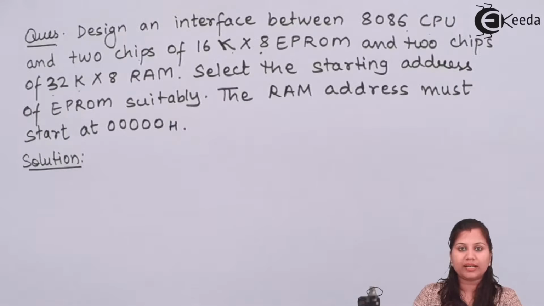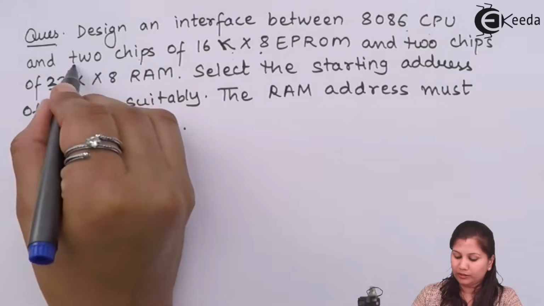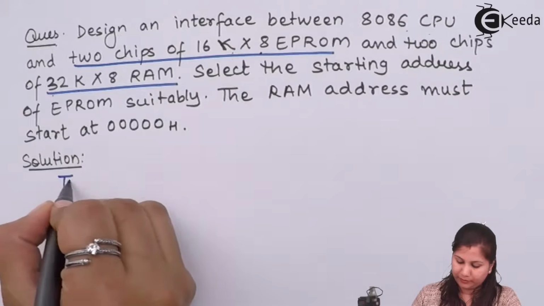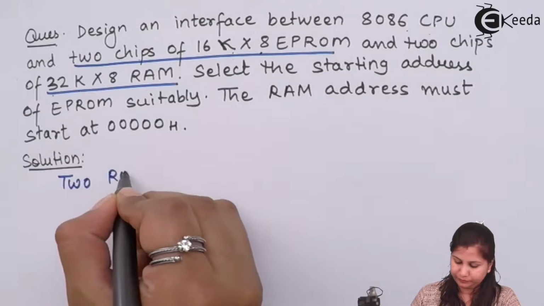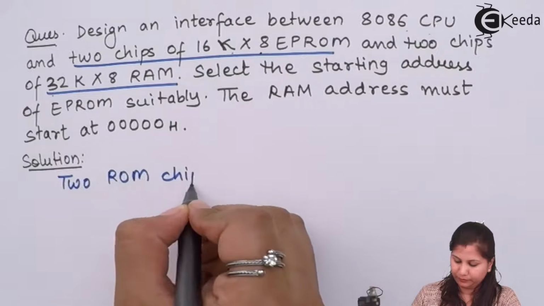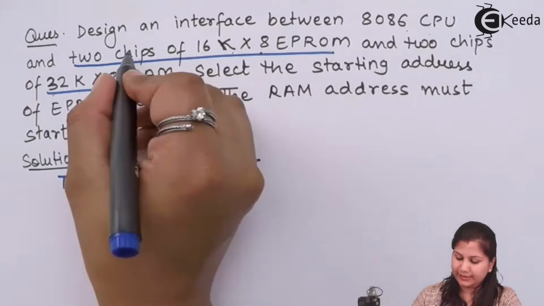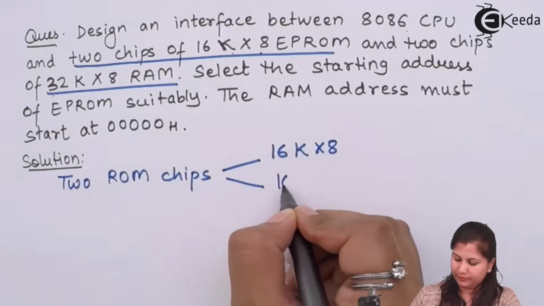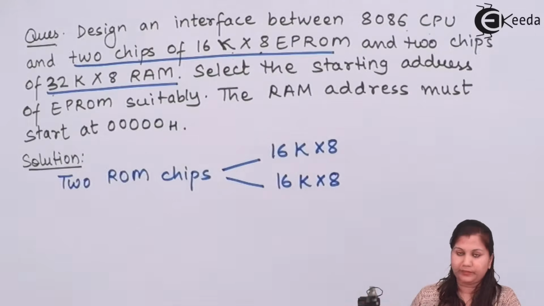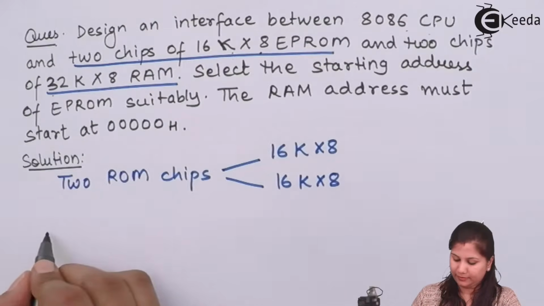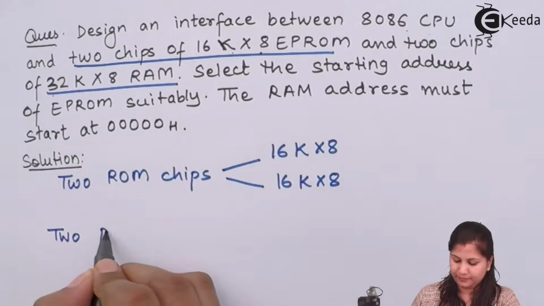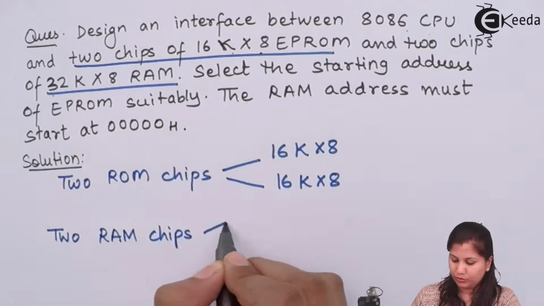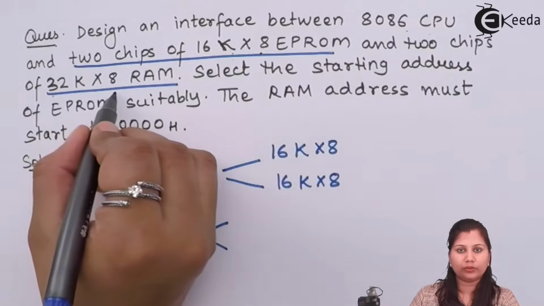In the question we have two chips for the ROM, with sizes 16K x 8, and two RAM chips whose sizes are 32K x 8.